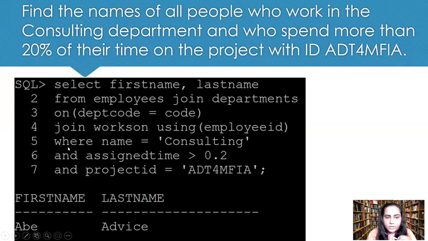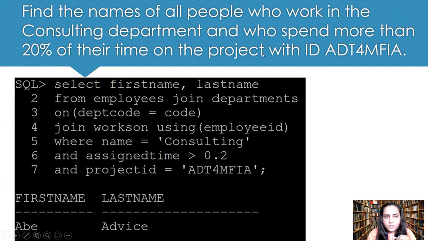Okay. And then we are writing all the conditions. So first you take all the joins, and once you're done with all the joins, then you specify the condition using the where clause. So now the where clause comes in, where I'm writing name is equal to consulting because the name of the department is consulting.